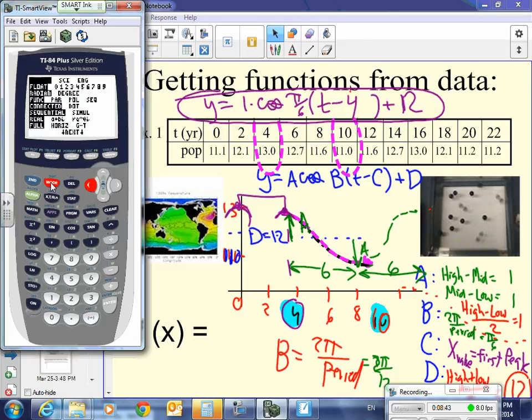Radian has to do with distance. So if you're in a good mode, hit stat, and then edit, and put in the data from this table. 0, 2, 4, 6, 8 for L1, and then the Y values, 11.1, 12.1. You're going to fill those out all the way to the bottom.